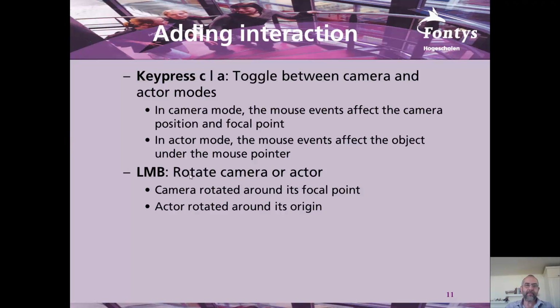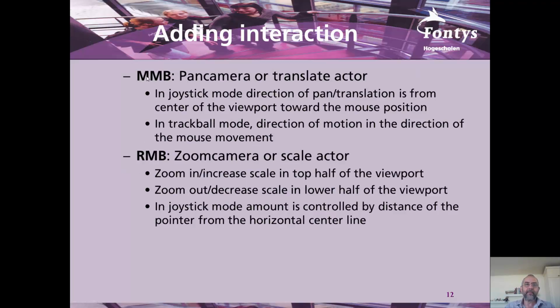Left mouse button, LMB, rotates the camera or the actor, depending on the mode that you chose here, C or A. So with your left mouse button you rotate one of the two. With your middle mouse button you can pan the camera or move the actor.